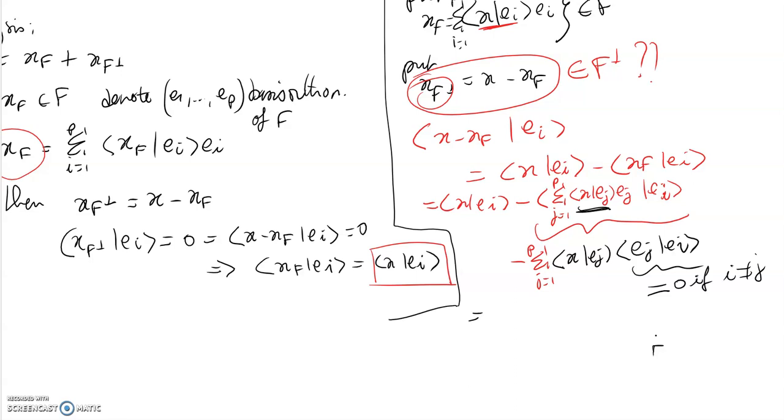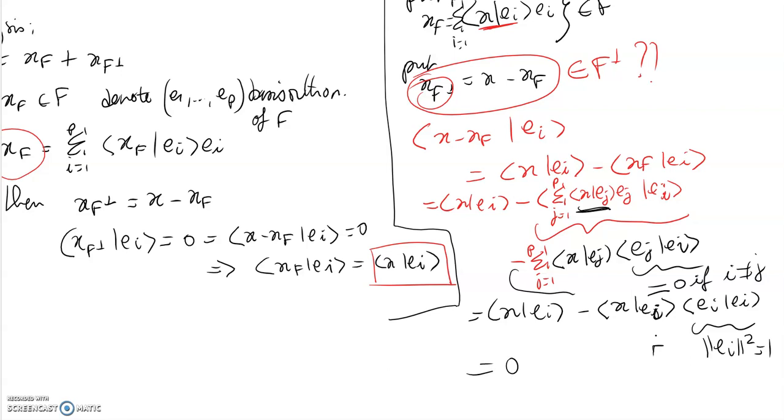We get that this is equal to XEI minus, well, the only non-zero term of that sum is going to be the one where J is equal to I. So X EI times EI EI. Then as this is an orthonormal basis, again that's actually the norm of EI squared, which is equal to 1. So that's equal to 0.